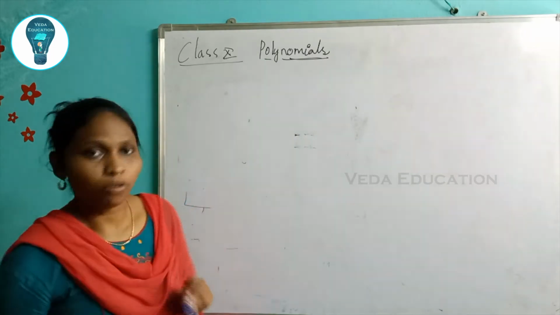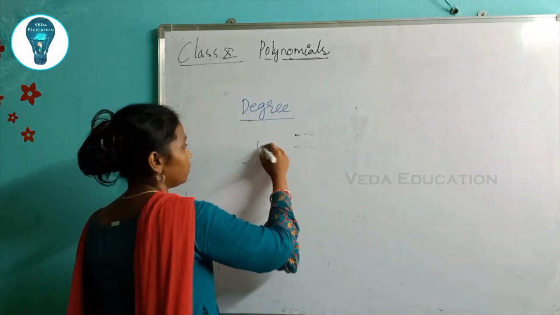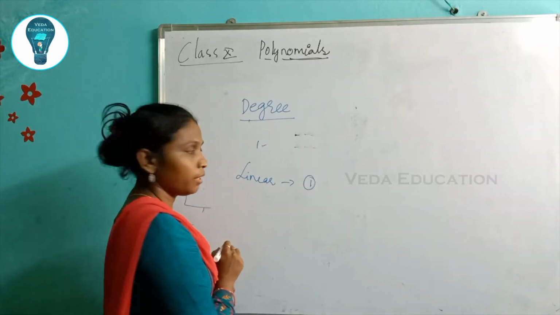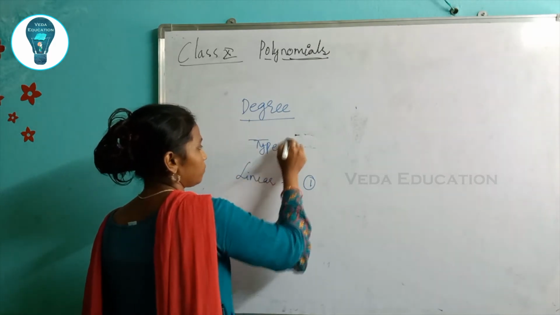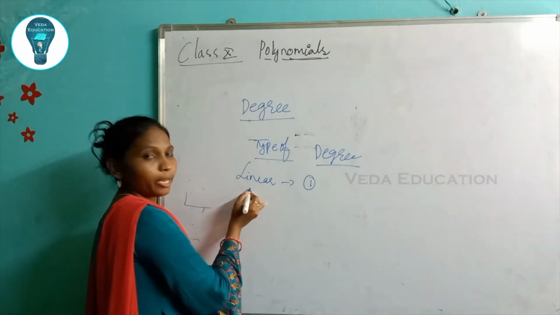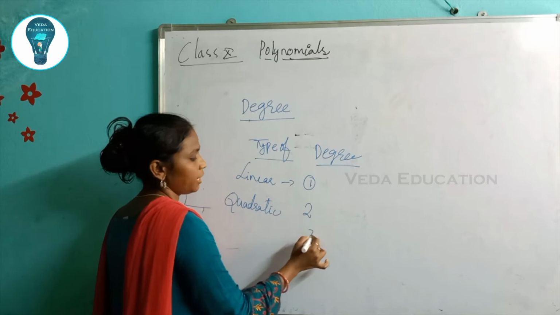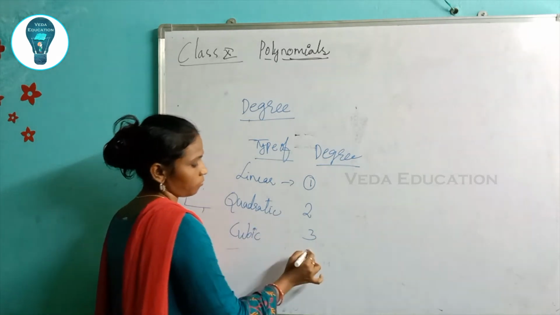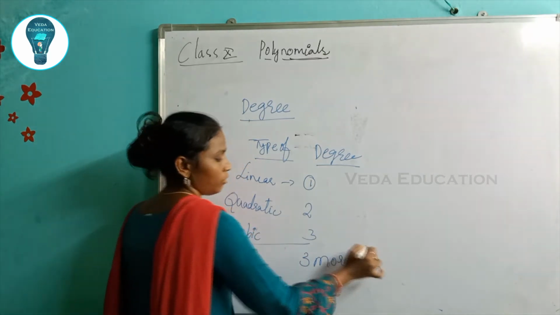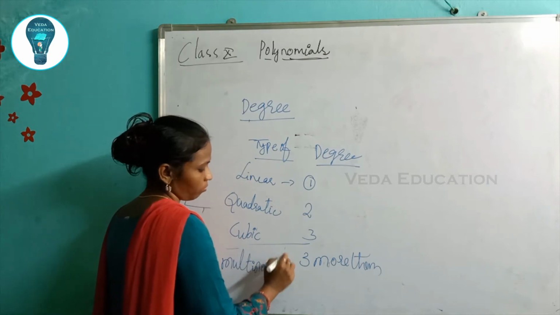Now, based on degree, we will have names. If degree is 1, we call it a linear polynomial, and degree 2, quadratic, and degree 3, cubic, and if degree is more than 3, then we call it a multinomial.